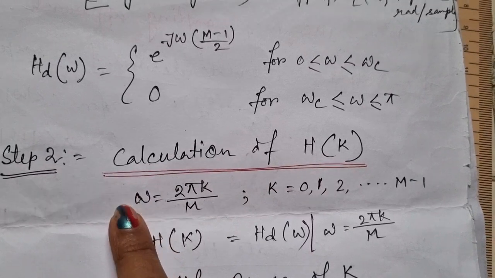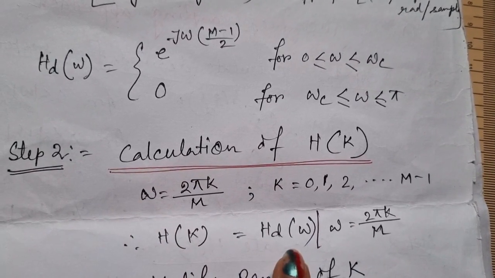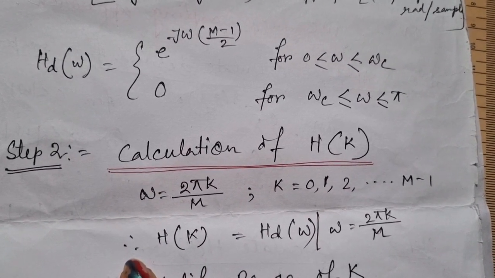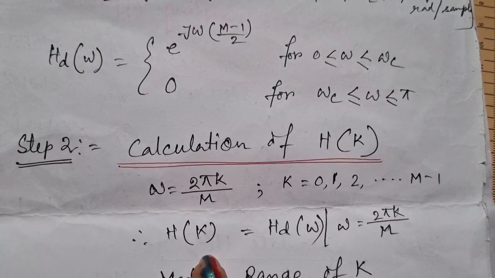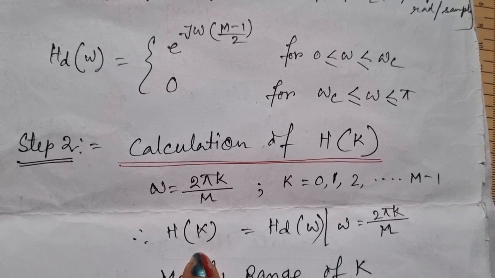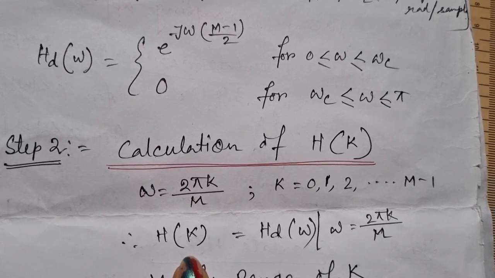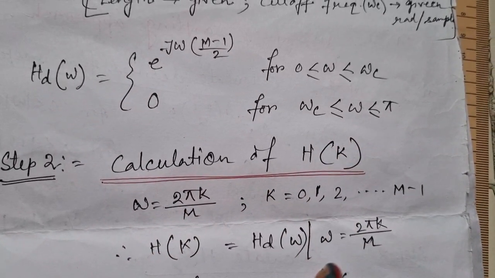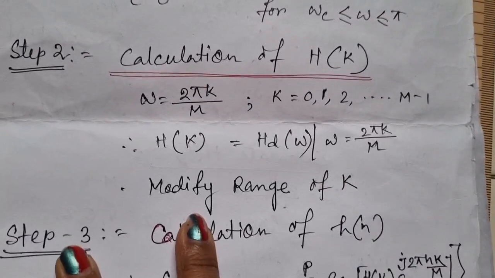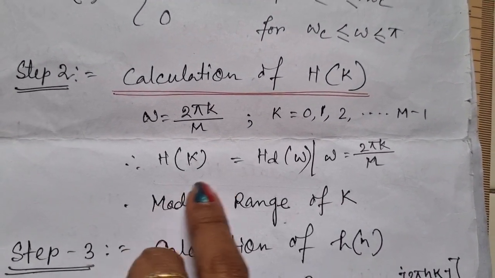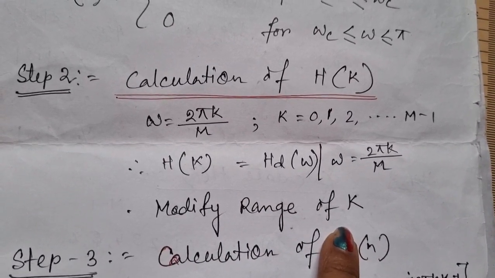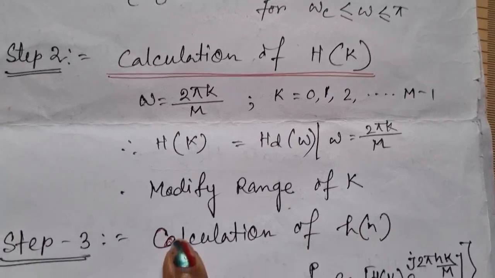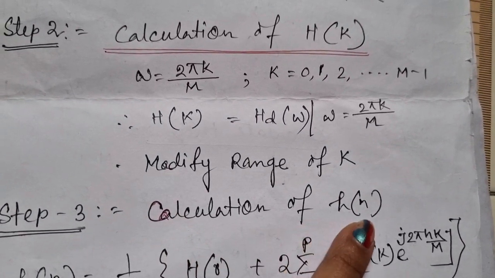By using different omega we can calculate different h of k, meaning h of 0, h of 1, h of 2, h of 3, h of 4, h of 5, 6, and in such a way we can calculate h of k by using this formula. That's why I am writing here: modify the range of k, as we have to calculate h of k for different k. Then the next step is the calculation of h of n.